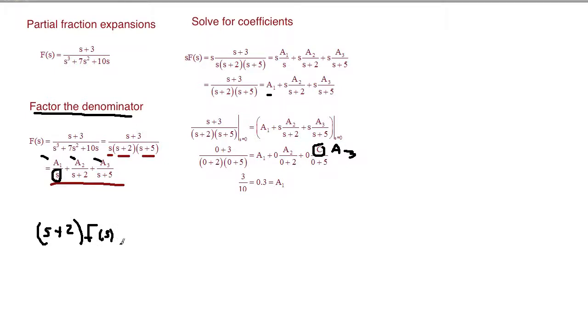Okay, so s plus 2 times f of s is equal to s plus 3 all divided by s times s plus 5.